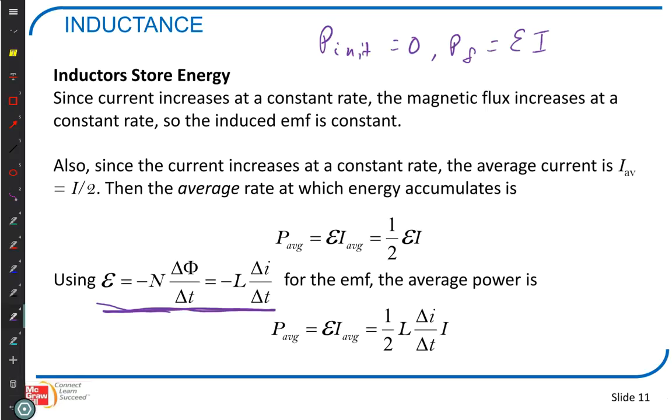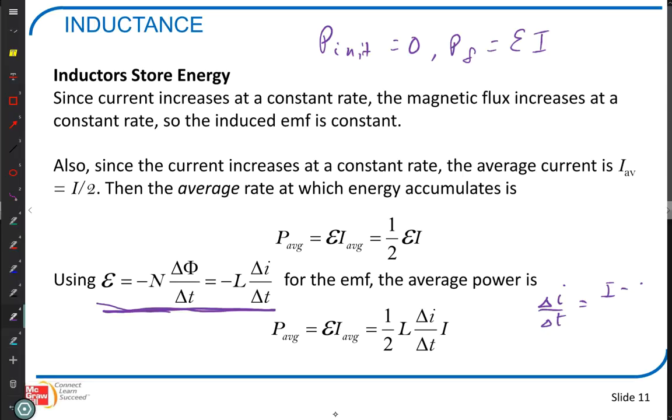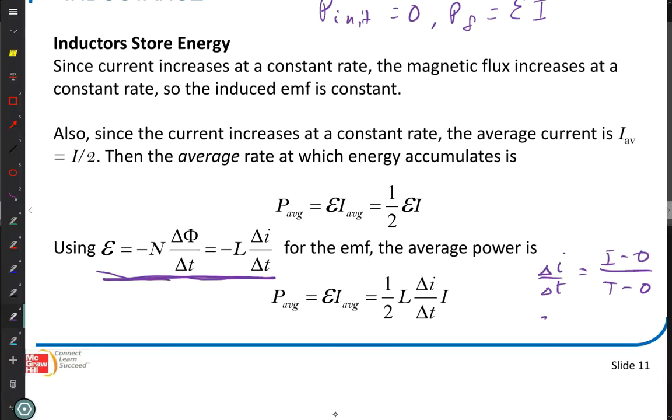But as long as we have a constant increase, then the change in current over the change in time is equal to the final current minus the initial current over the final time minus the initial time. And so the voltage is minus L times final current over total time.